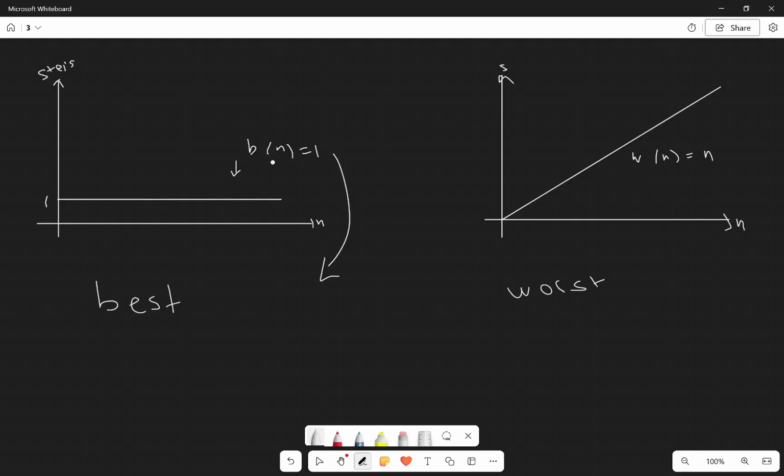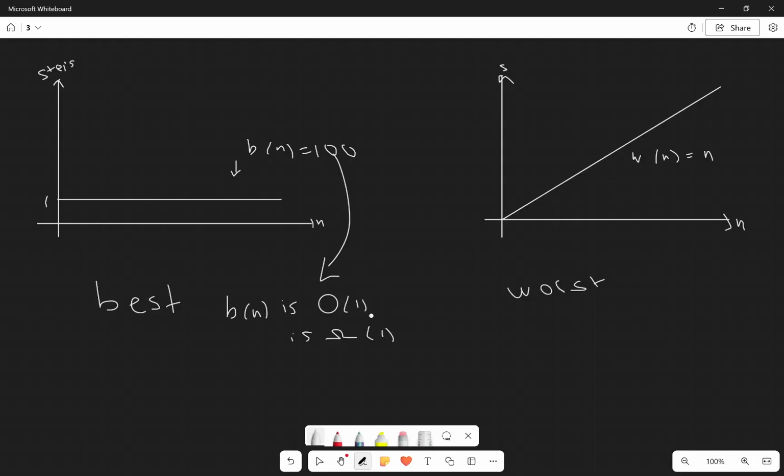As you can see, b of n is 1. Therefore, I can say b of n is big O of 1, because it's a constant. Also, I can say it's a big omega of 1. Over here, this one and this one mean two different things. Even if this was 100 instead of 1, this would still be big O of 1.